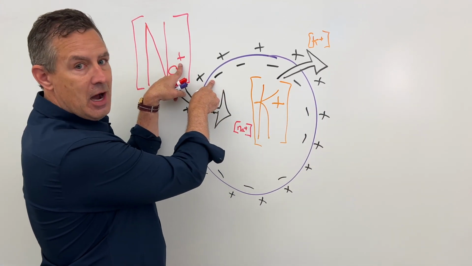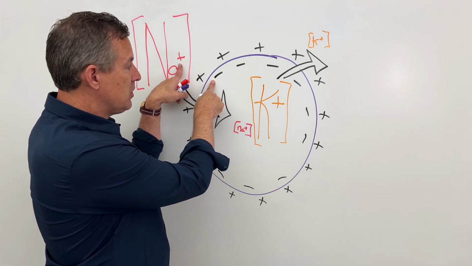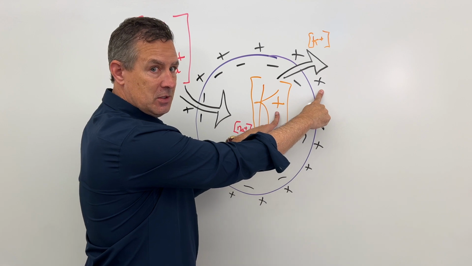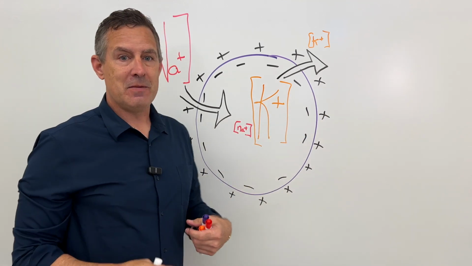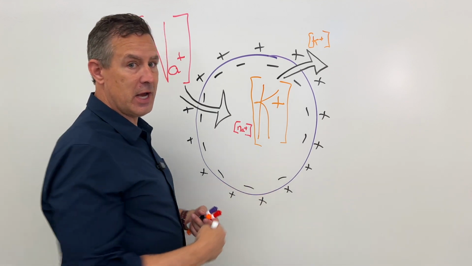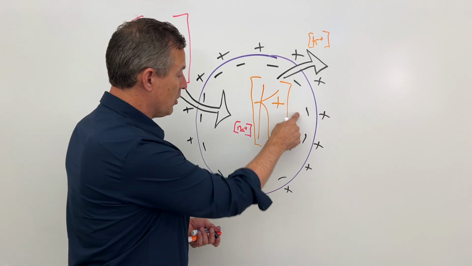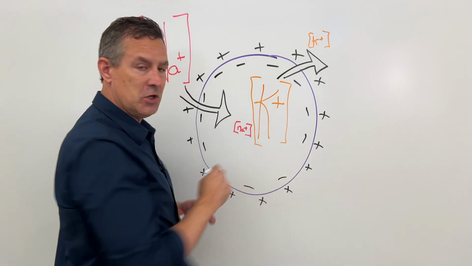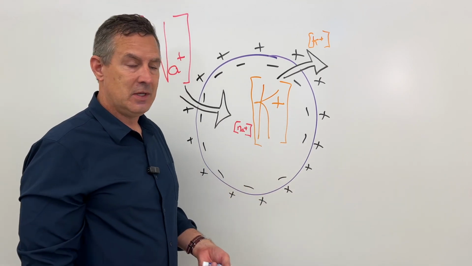Whereas opposite charges are attracted to each other, positive charges are actually repelled by each other. So based on an electrical gradient, potassium would actually prefer to stay in the cell where it's actually negative. Potassium's positive, the interior of the cell membrane is negative.